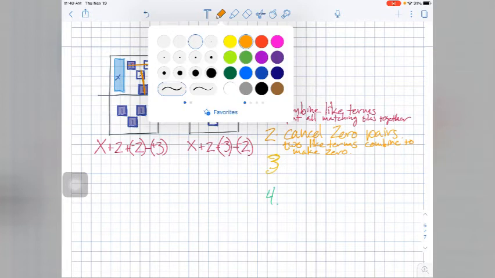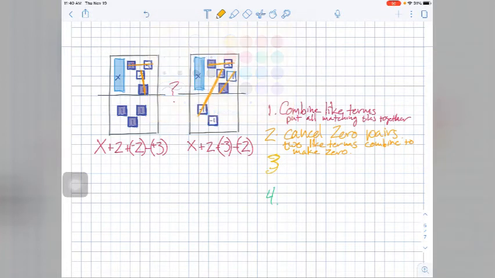And so what's left once you're done canceling 0 pairs is then you can do keep, change. That's another simplifying thing that you can do, and this is really just to eliminate confusion. So I can take tiles and move them across the line and change their sign.